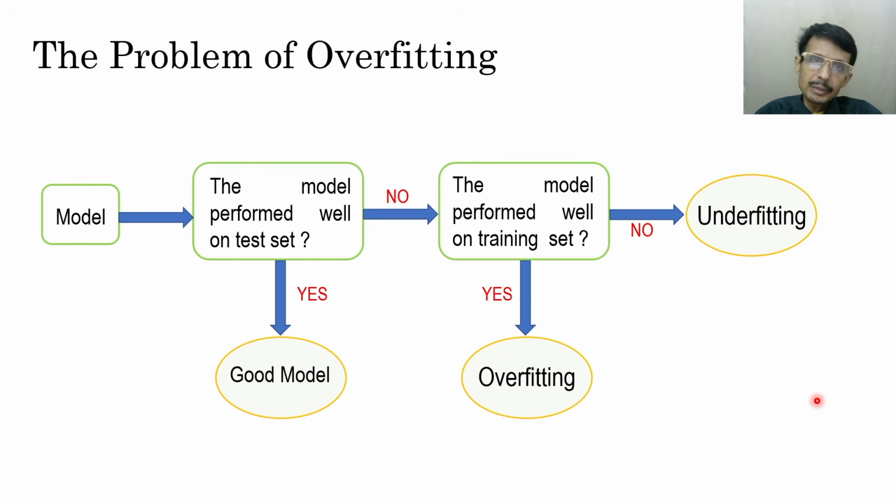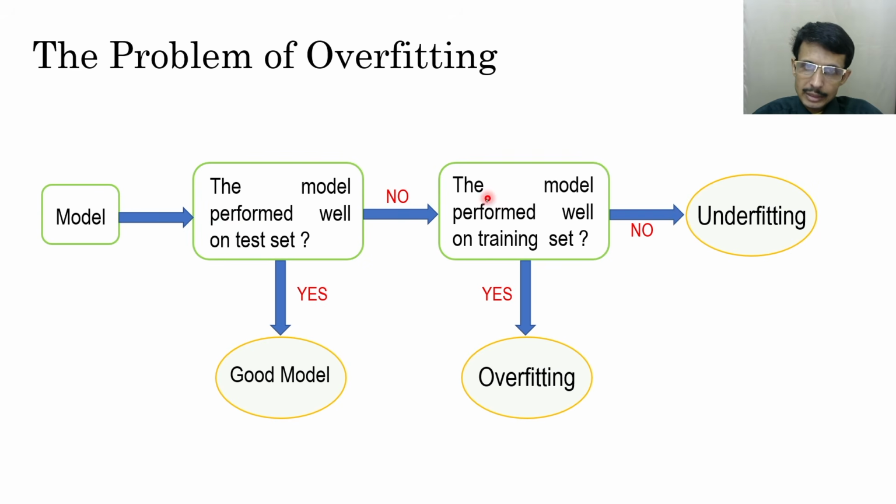Now, the problem of overfitting can be explained through this kind of flowchart-like representation. Let there be our model. If the model performs well on test data, and it is yes, then it's a good model. Please note it is test data. So if it performs well on test data, it generalizes well on the distribution.